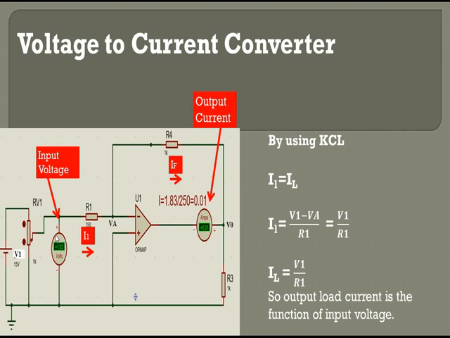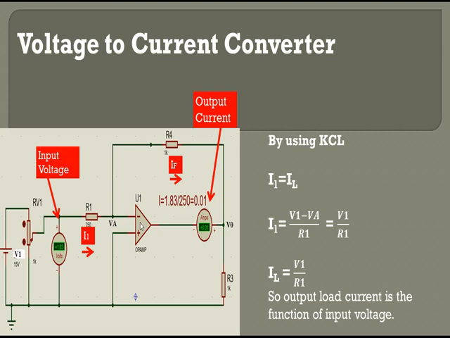We applied input voltage as 1.83 volt and at the output we received 0.01 ampere of current. In this circuit, input voltage is applied to inverting terminal of operational amplifier and positive terminal is grounded. Feedback is provided to the negative input of operational amplifier.